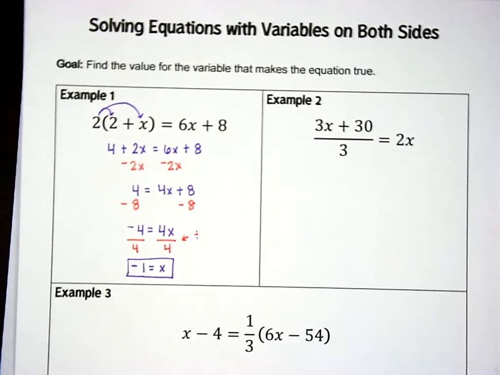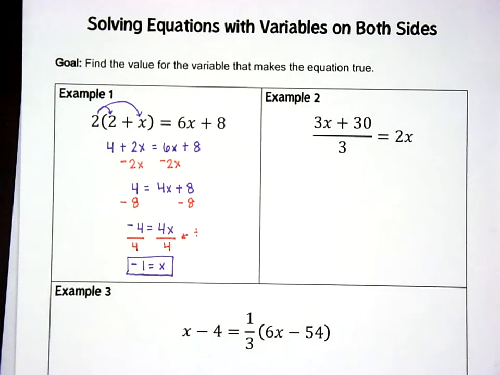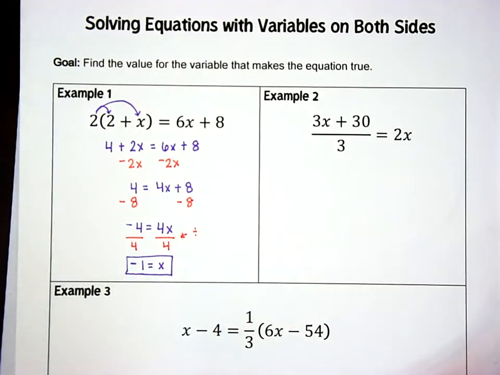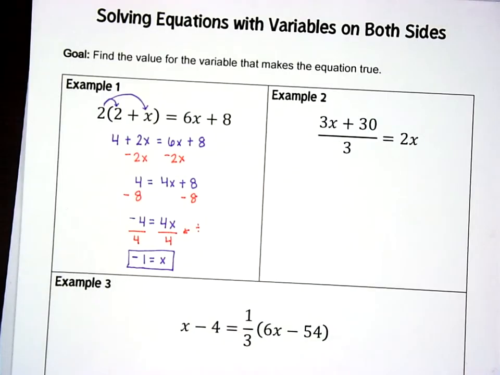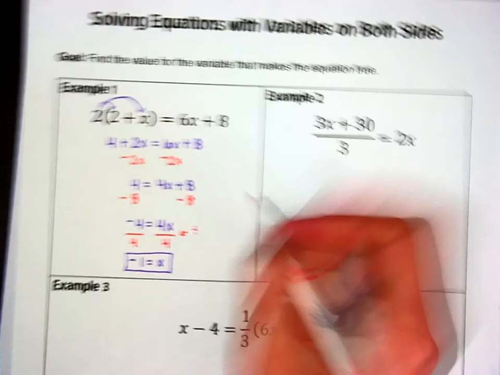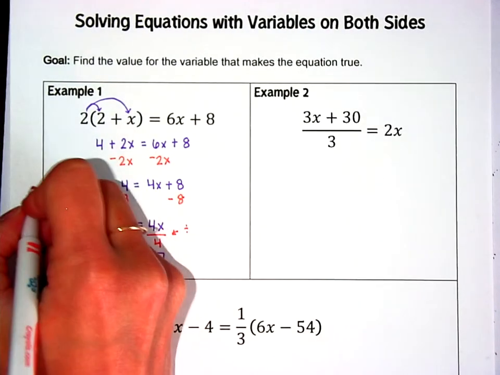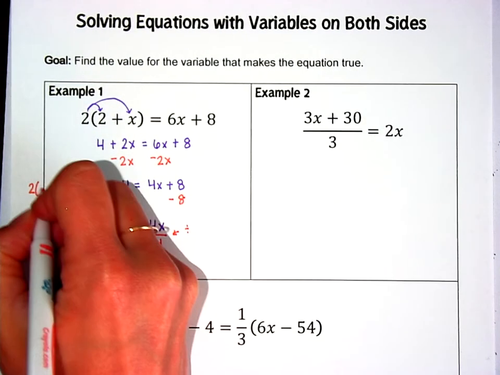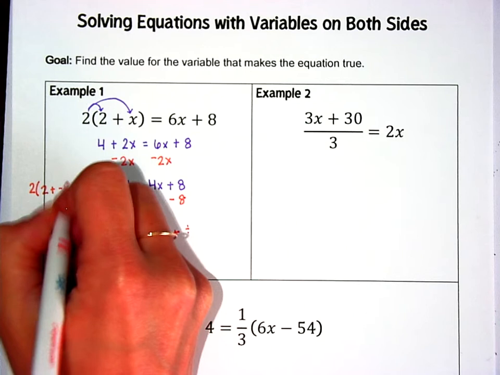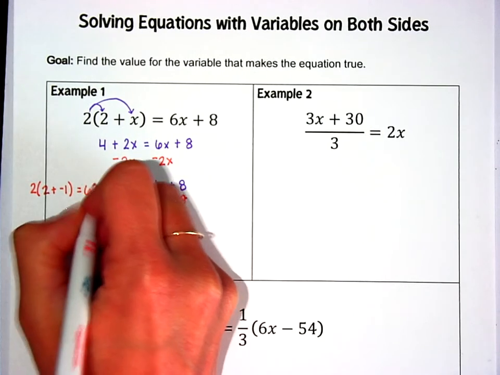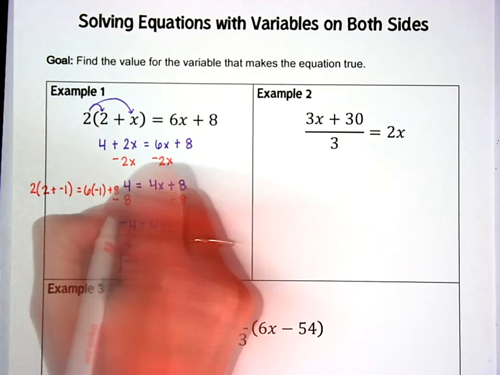So we can always go back and check to make sure our answer is correct by substituting this value, negative 1, in for x in our original equation. So this would mean that 2 times the quantity 2 plus negative 1 is equal to 6 times negative 1 plus 8.